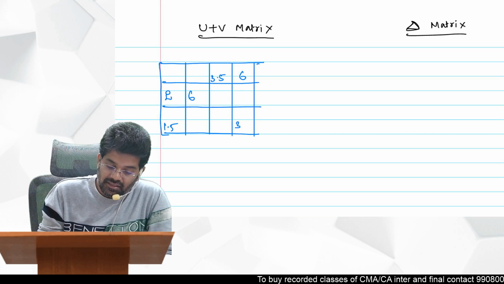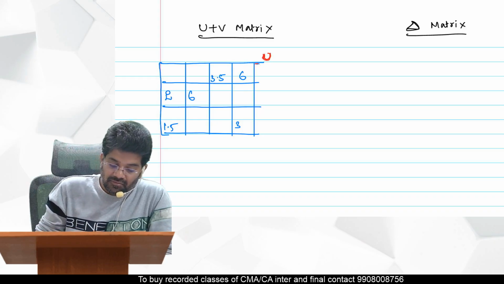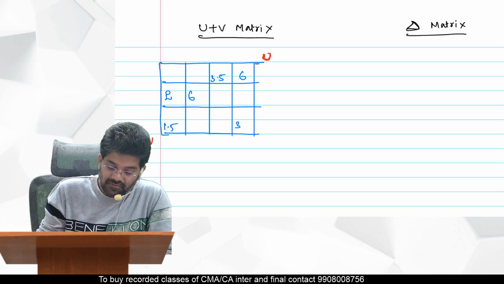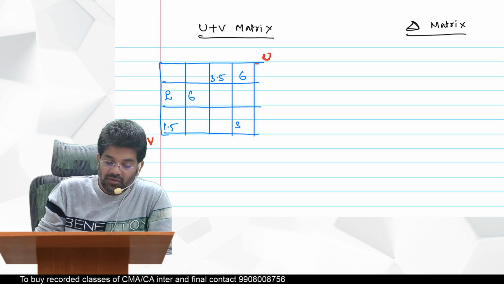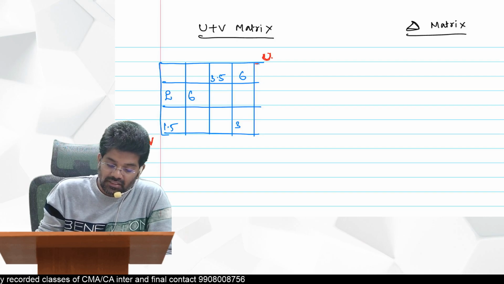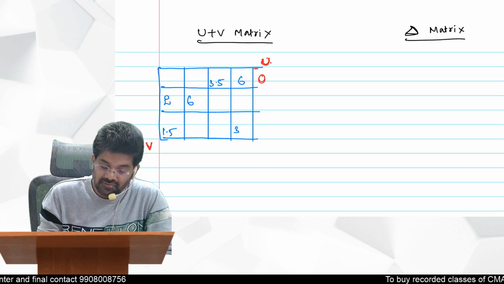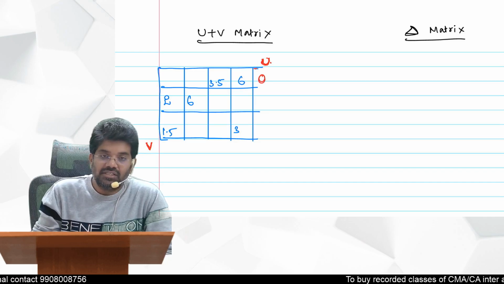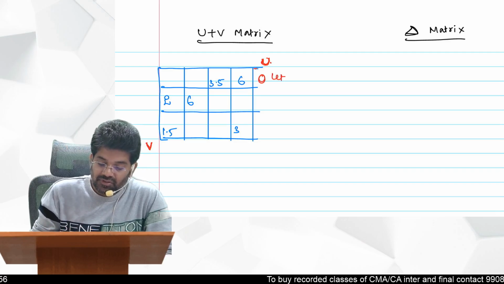Take this as U. Here you have to calculate the U values. This is V. Row wise U, column wise V. First take this as 0. Let this be 0.